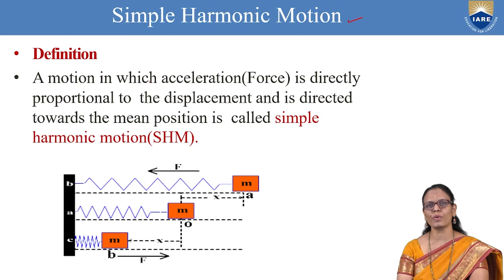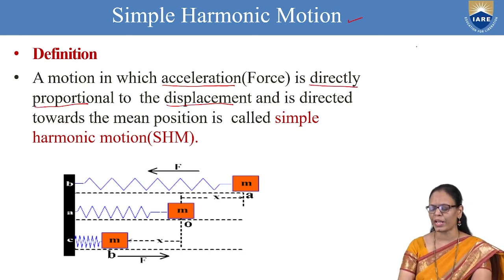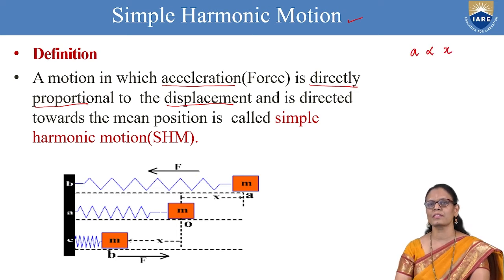A motion in which acceleration is directly proportional to the displacement and is directed towards the mean position is called simple harmonic motion. So in simple words, acceleration is directly proportional to displacement.